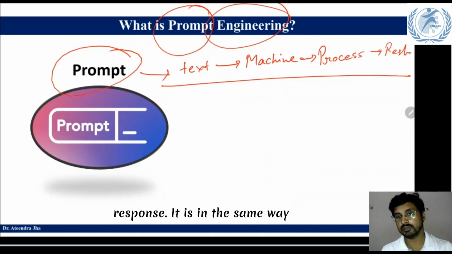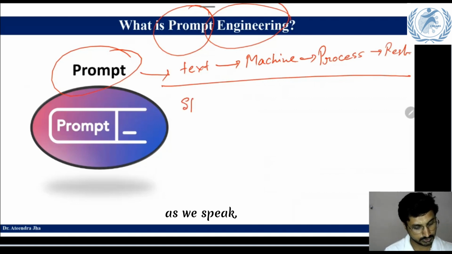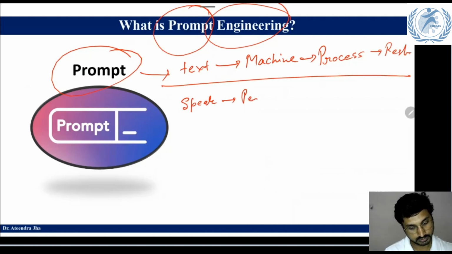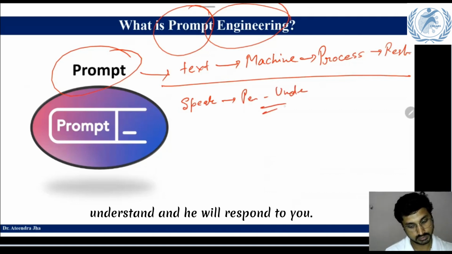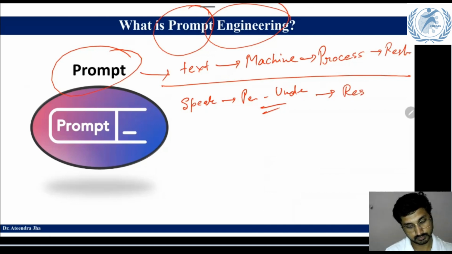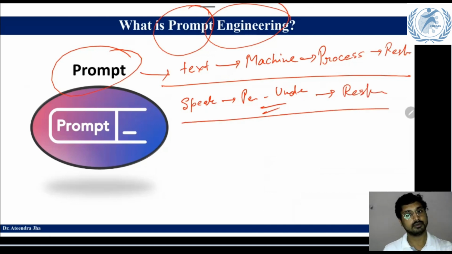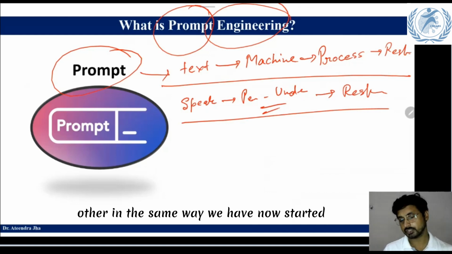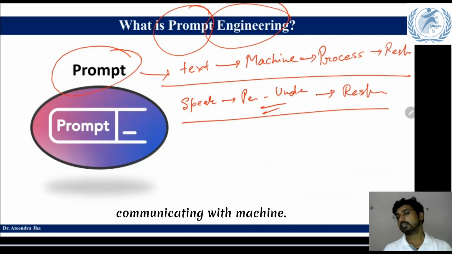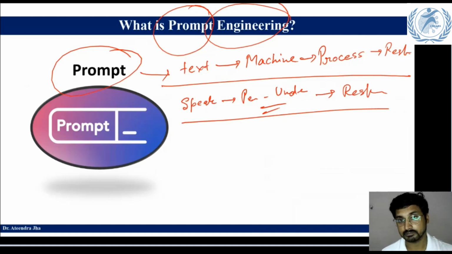It is in the same way as we speak, a person understands and he will respond to you. So as we are communicating with each other, in the same way we have now started communicating with machines.